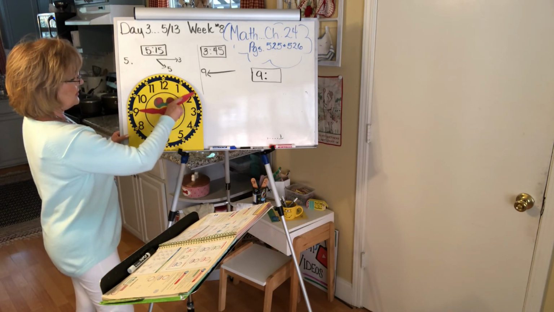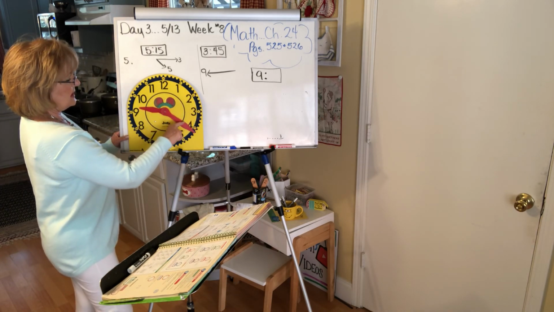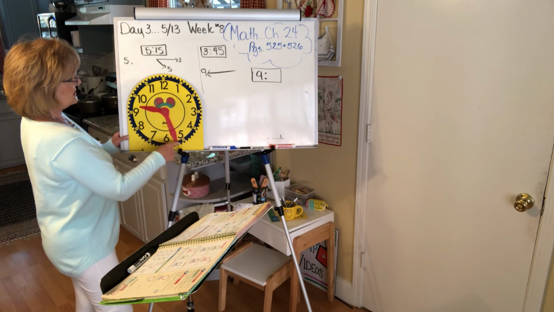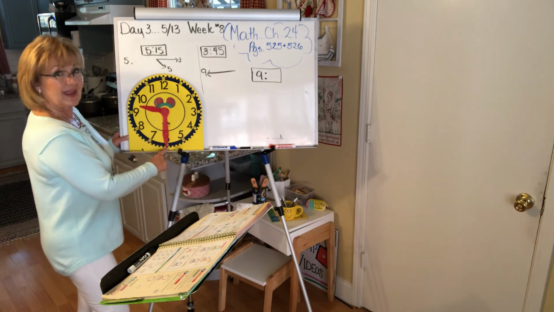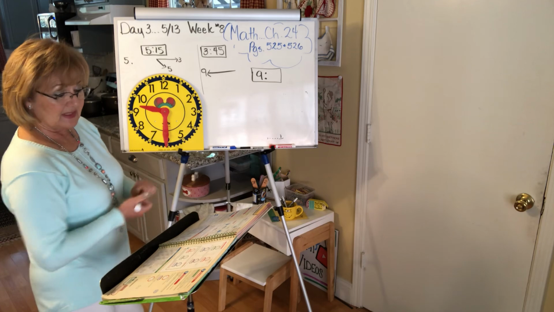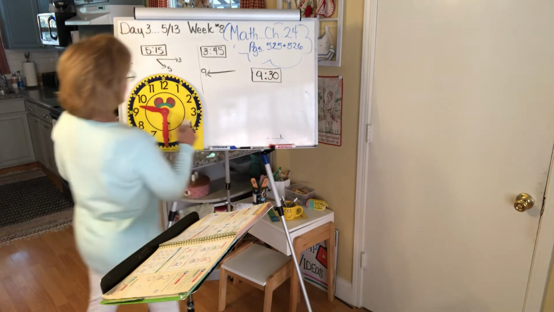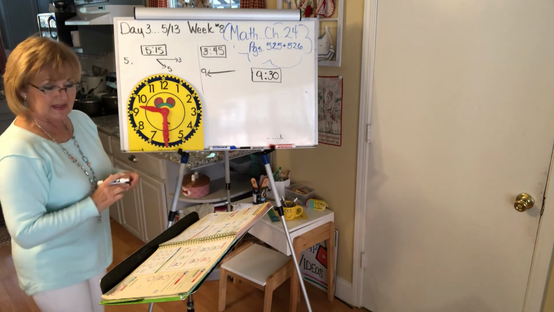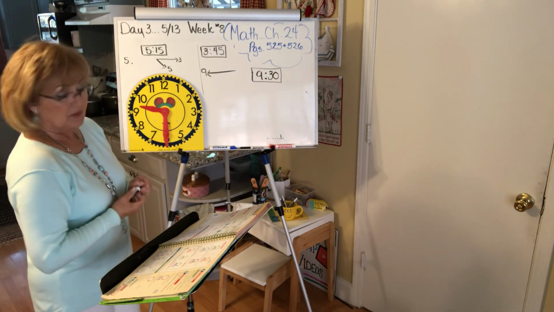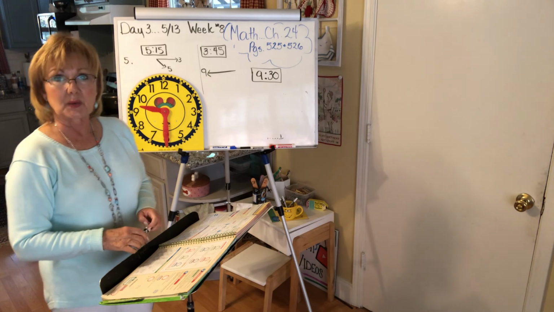If it's halfway between the 9 and the 10, then what happens? Your minute hand has to go halfway around the clock, and half of 60 is 30. So draw your minute hand to the 6 and write 9:30. That's what makes sense, okay?